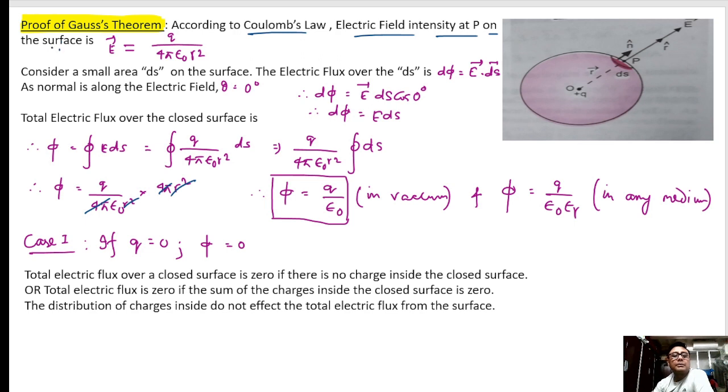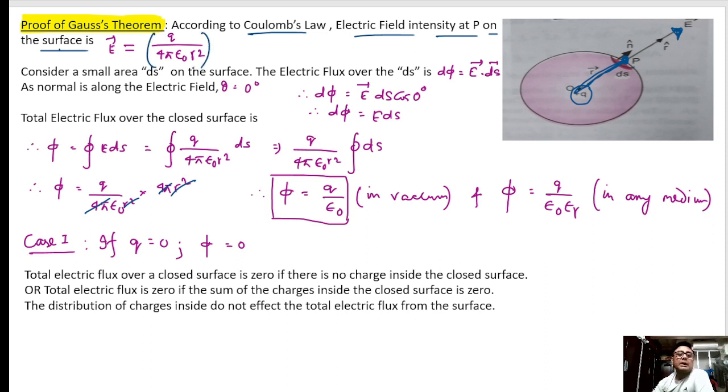So suppose this is a surface, there is a positive charge and the surface is of radius R. What is the electric field at P? It will be definitely radially outwards, because this is a positive charge. So at a distance of r, this is the electric field.